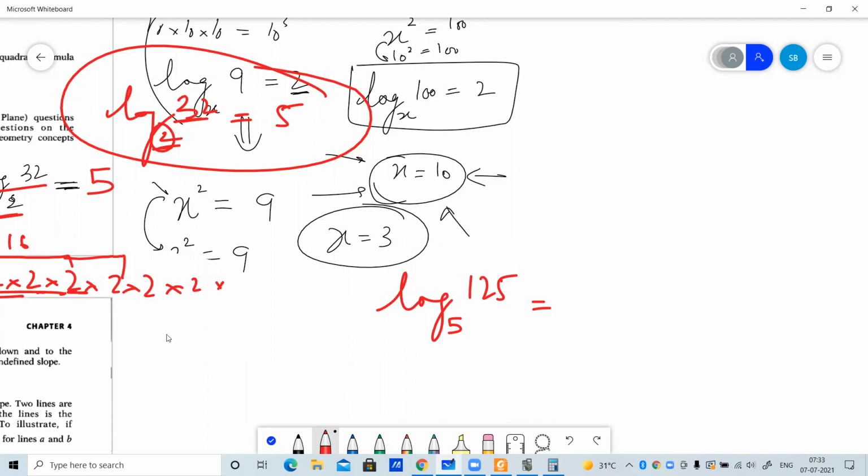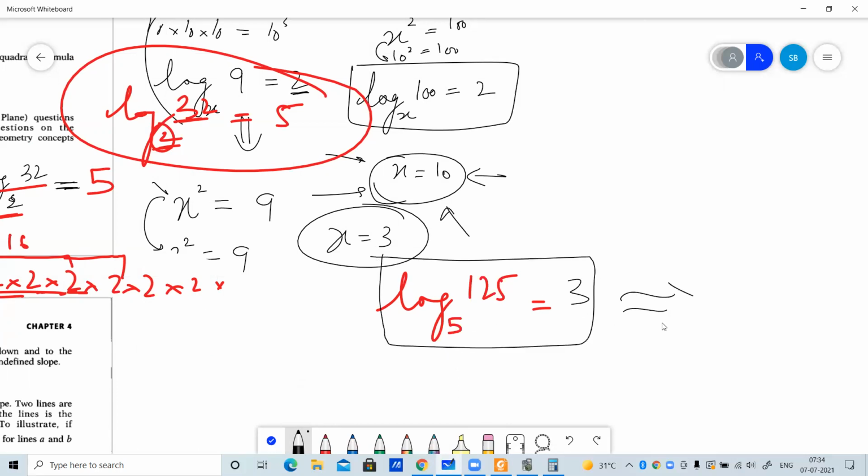You can always do it: 5 times 5 times 5 and so on till you get 125. So can you go on doing it? I'm doing it right now. 3. So log of 125 to the base 5 is 3.